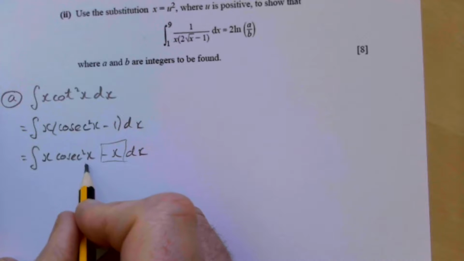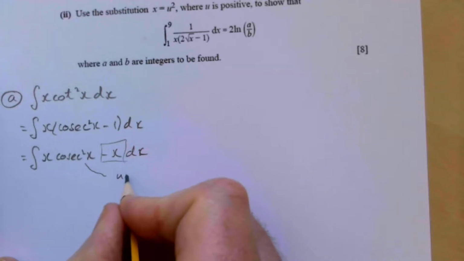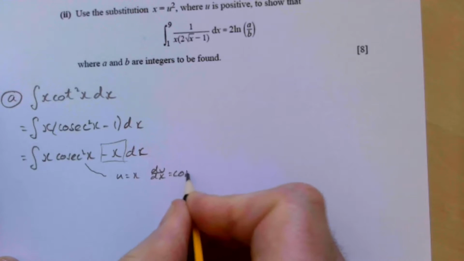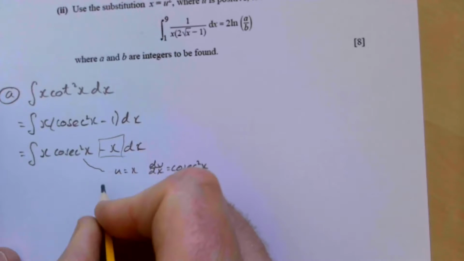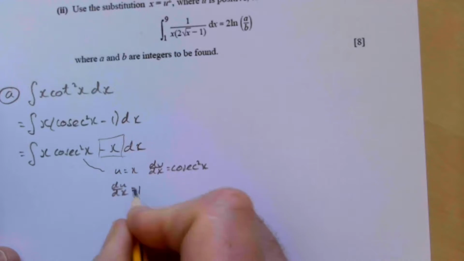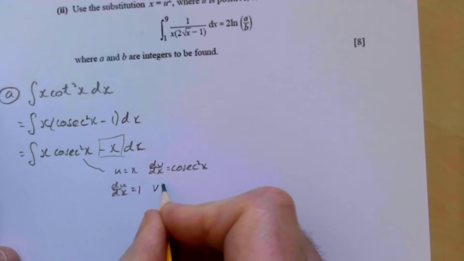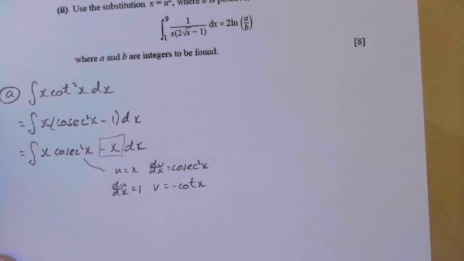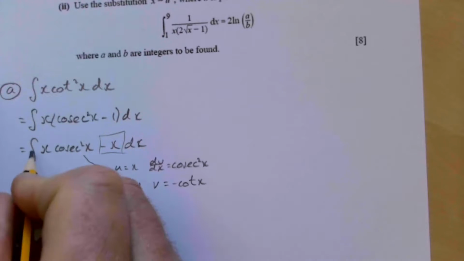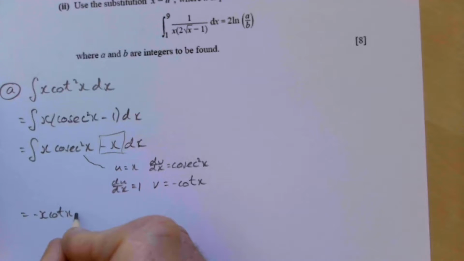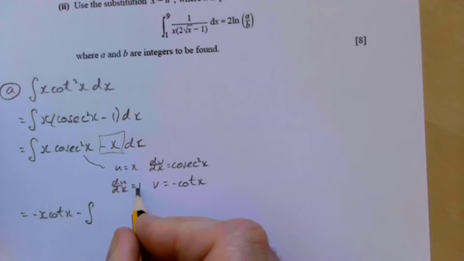But if I take this part here and I let my u equal x and my dv by dx equal cosec squared x, I get du by dx, which is 1, and then v is minus cot x. That means we have uv, which is minus x cot x minus the integral of v du by dx.